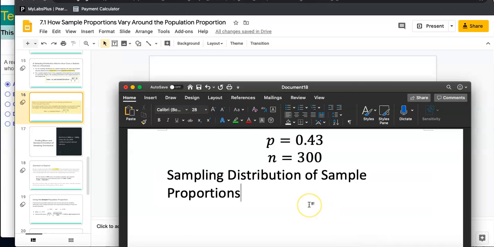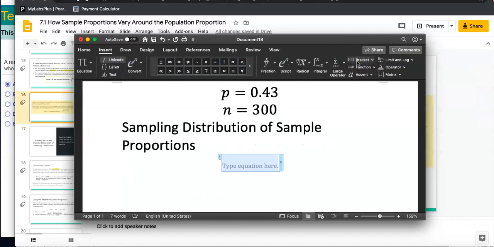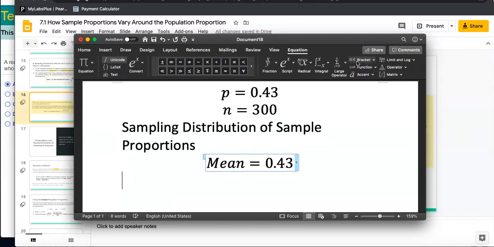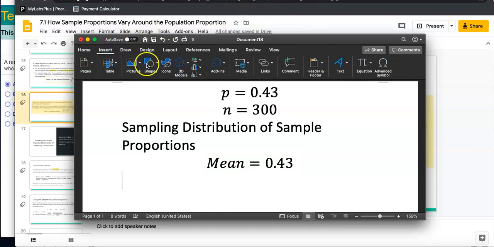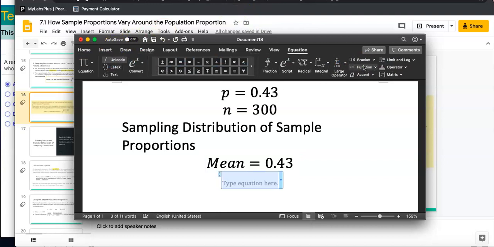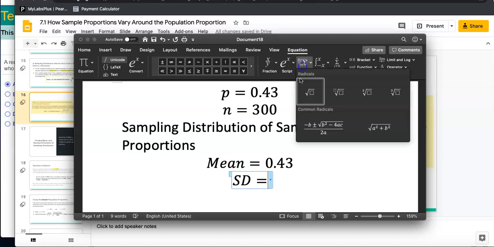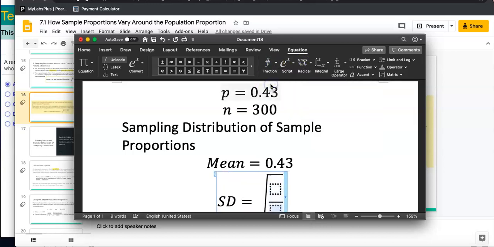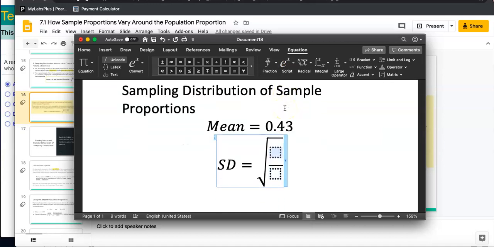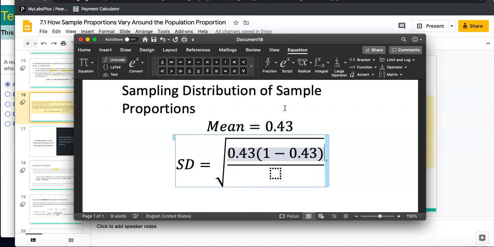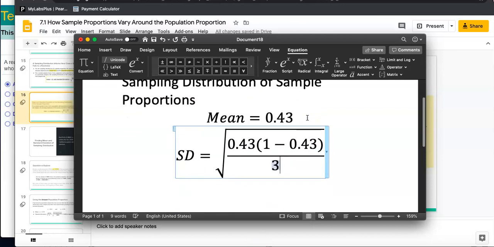So I remember those. So mean is equal to population proportion, which is 0.43. But the standard deviation, we can call it standard error, or I guess standard deviation of sample proportion, is the one with the square root, and in the numerator we did P times 1 minus P, 0.43 times 1 minus 0.43, and we divide it by the sample size of 300.